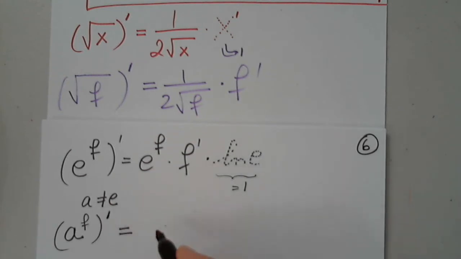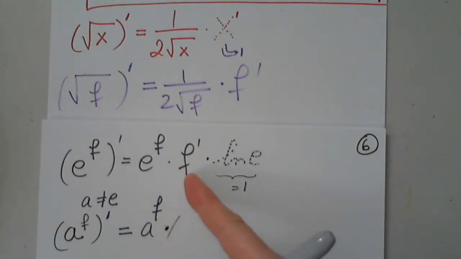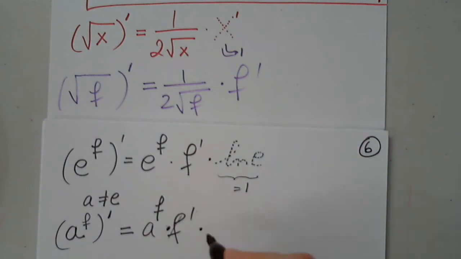What do I mean by that? Would anyone like to give it a try? Is it a to the function power times the function prime times ln e or ln a?